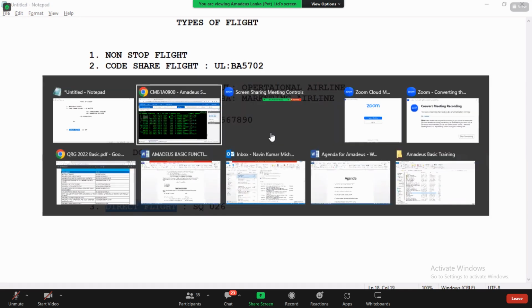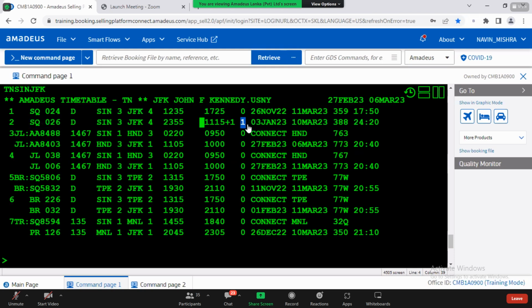That could be any of the reasons, but that flight is called a direct flight. Now, how do you identify that this is a direct flight? Because it is the same flight from Singapore to John F. Kennedy. Between Singapore and John F. Kennedy there is one stopover, but that stopover could be for a technical reason, or refueling, or any kind of reason as per the airline.